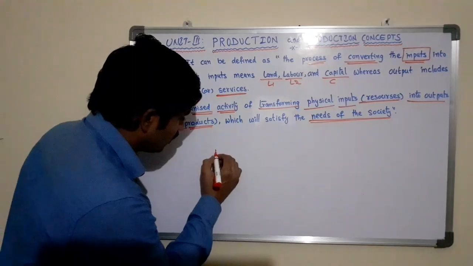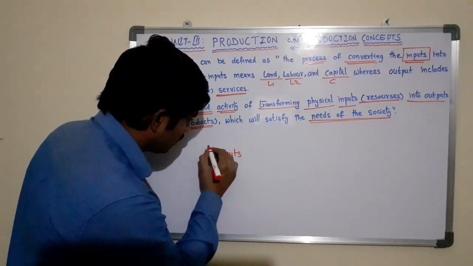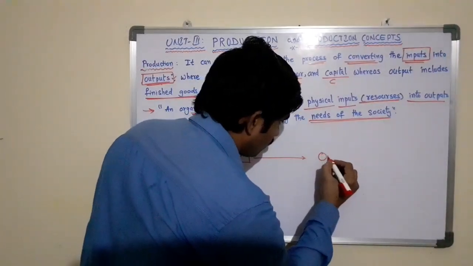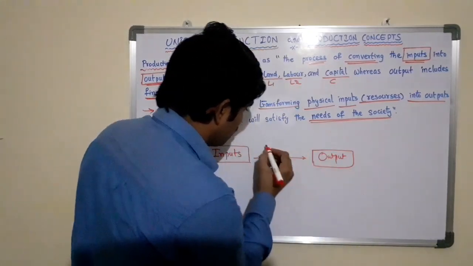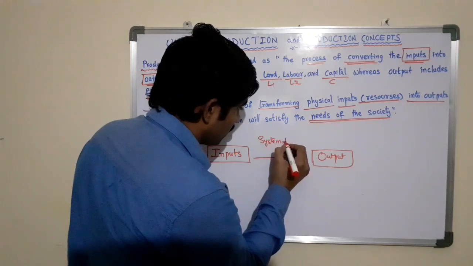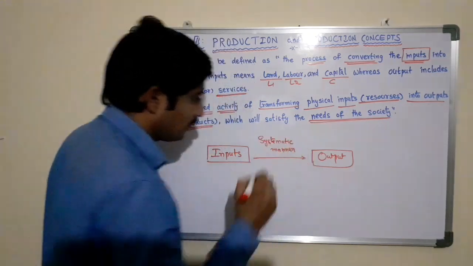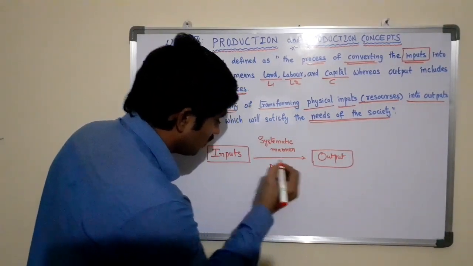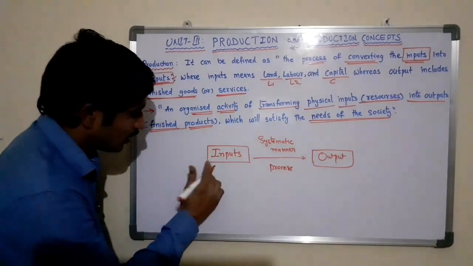So production is the process of transferring inputs into outputs in a systematic manner. Here inputs are processed in order to produce the output. What are the inputs?